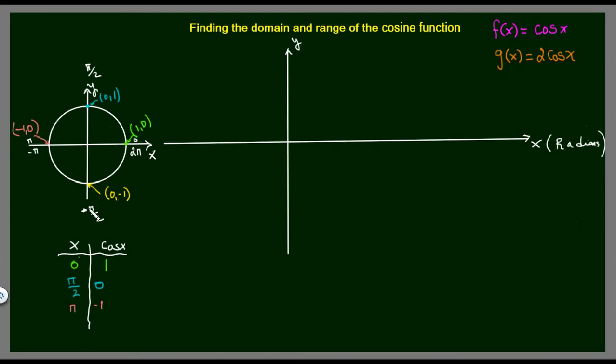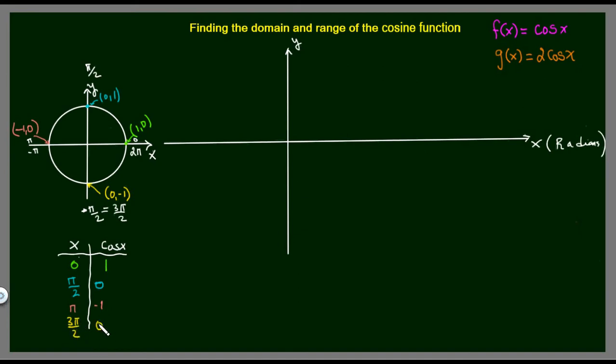Then we continue at minus pi over 2. And remember, minus pi over 2 could also be written as 3 pi over 2. When we stop here, the value is 0. Remember, we're taking the x value. So 3 pi over 2, and the value is 0.